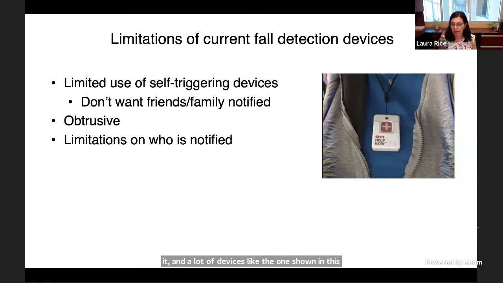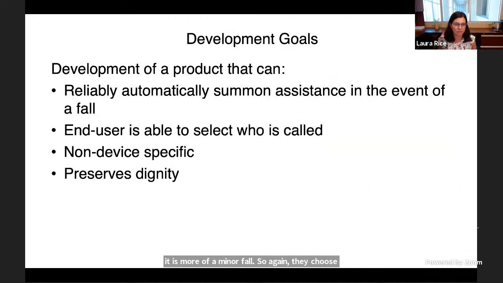And finally, often there are limitations on who is called. So a lot of times the only option is for the device to notify emergency services. And a lot of people don't want an ambulance coming to their house, especially if it is more of a minor fall. So again, they choose not to use it.